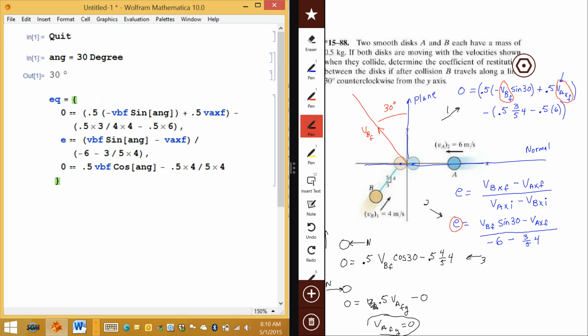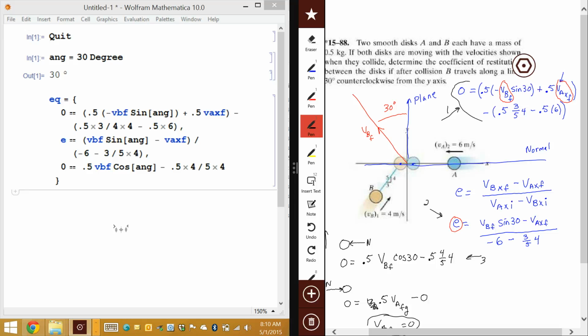So here, equations are equal to, and the first one is the first equation, which is this equation. So it's 0 equals 0.5 times, and so I've just typed those in.